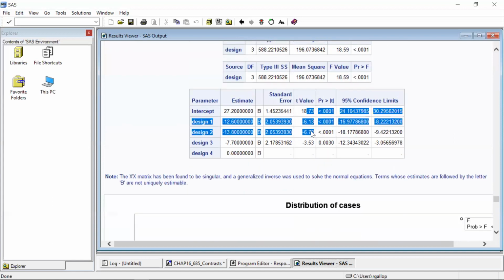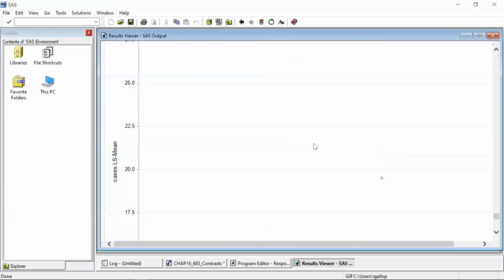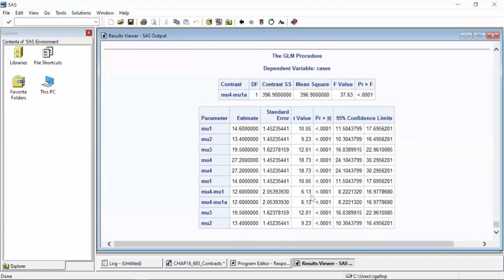Similarly, these T's in our estimate statement, the degrees of freedom of those T's are the degrees of freedom of the error. So these T's have a degree of freedom of 35. But if you guys remember, a T with an F with one numerator degrees of freedom, and you know the denominator degrees of freedom in this case being 35.